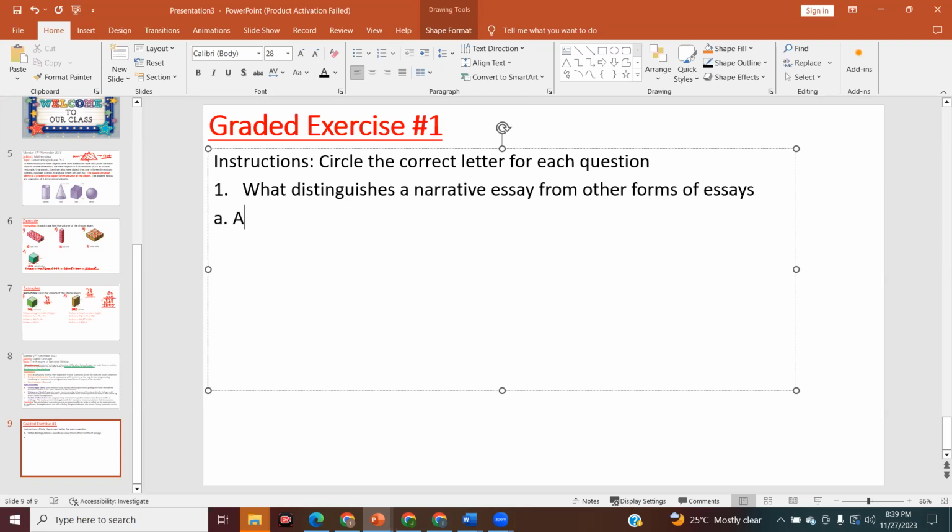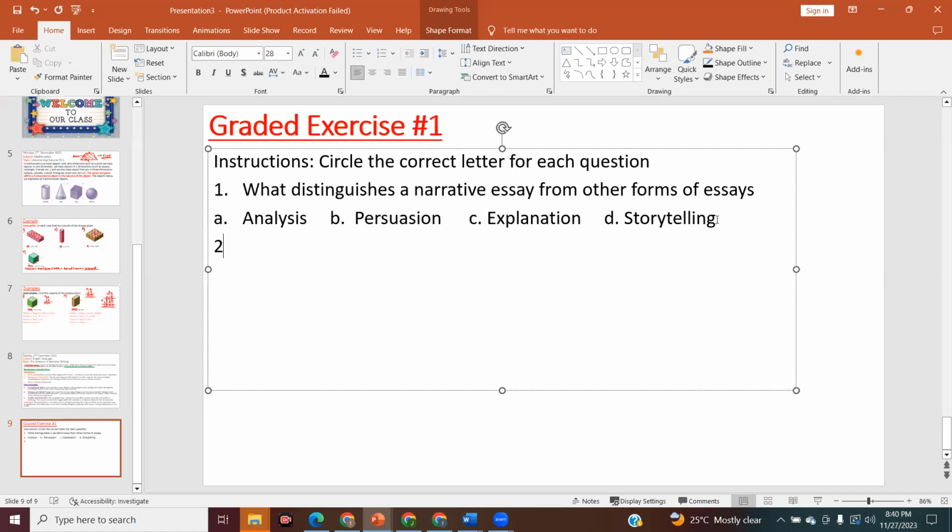Is it A, analysis, B, persuasion, C, explanation, or D, storytelling? What distinguishes a narrative essay from other essays?